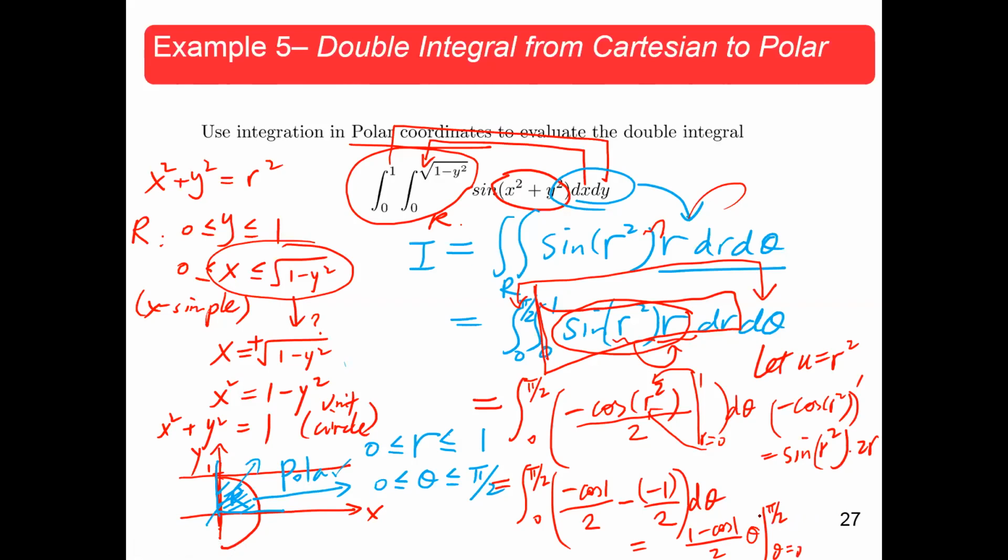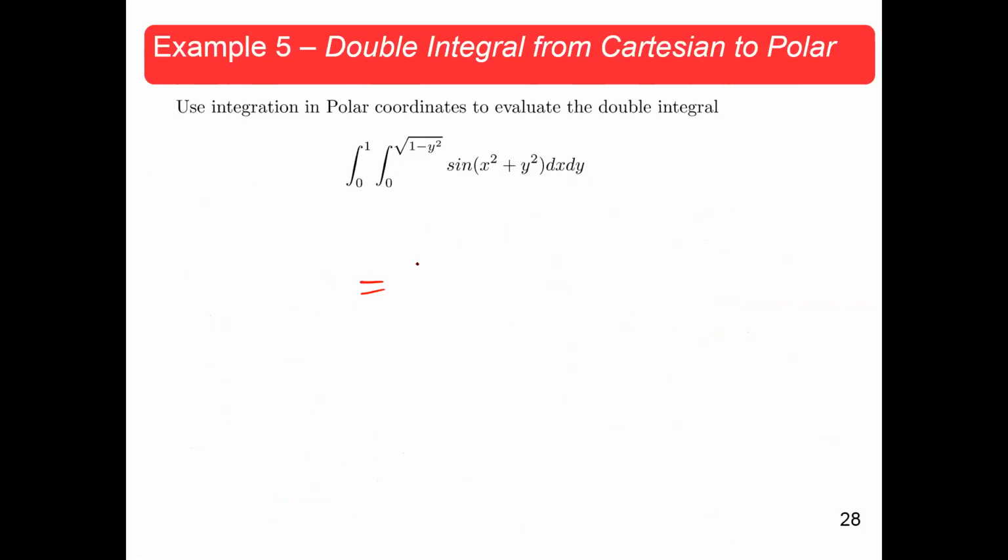So in the end, if we plug pi over 2 and plug 0 in for theta and evaluate it, it's just going to be 1 minus cosine 1 over 2 times pi over 2, which is just pi times 1 minus cosine 1 over 4.